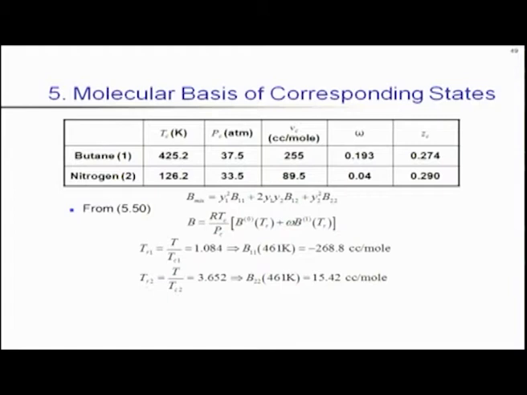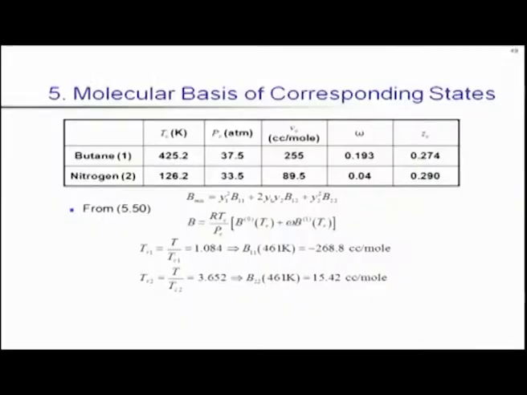Now what are the things which we can extract from the literature? We can find the Tc's, Pc's and other parameters. Let me summarize it here. For butane, which is molecule 1, we have Tc, Pc, molar volume, eccentric factor and compressibility factor at the critical point, or Zc, given to us.